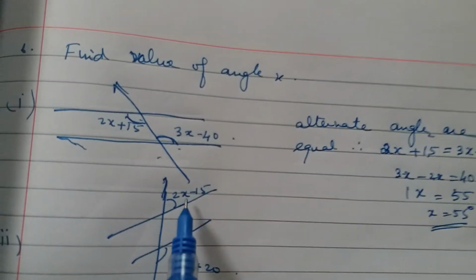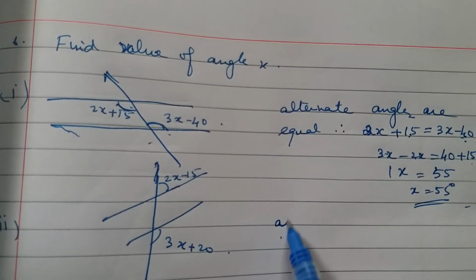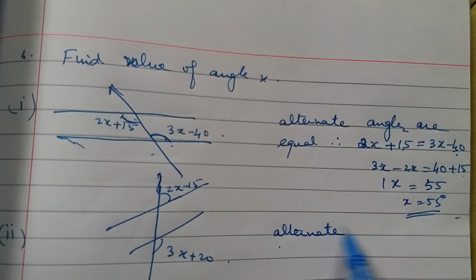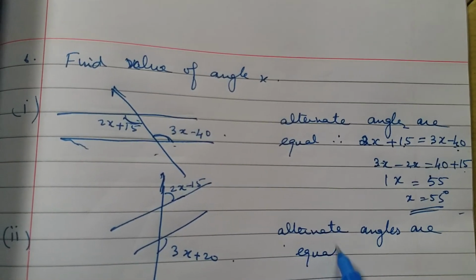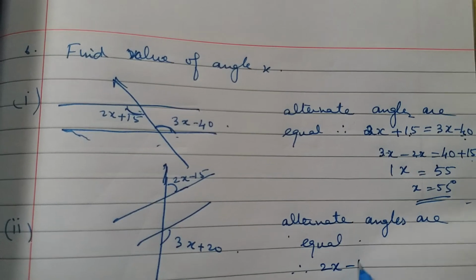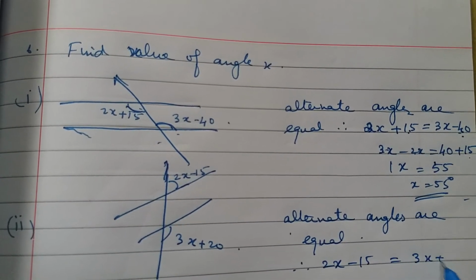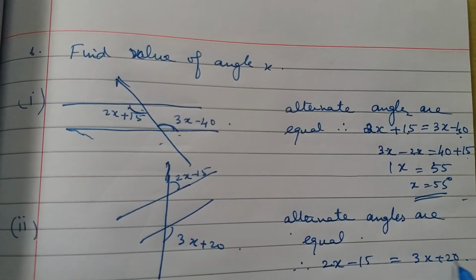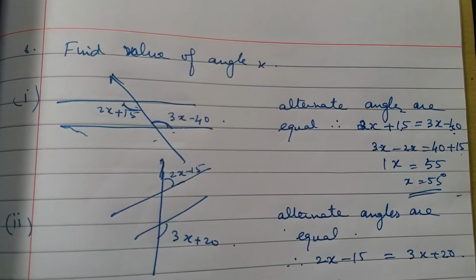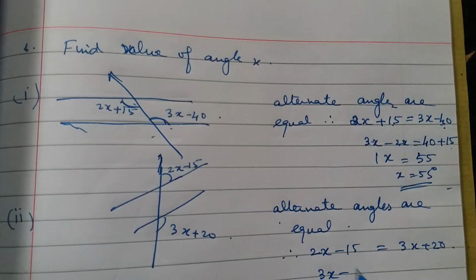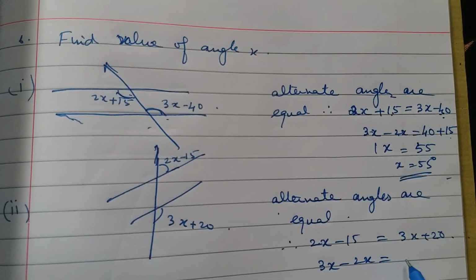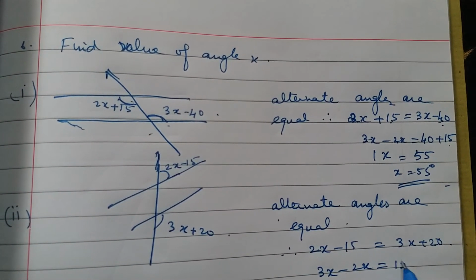Okay, next, here alternate angles. Alternate angles are equal. Therefore 2x minus 15 is equal to 3x plus 20. Bring this 2x this side, bring this 20 this side. So you will have 3x minus 2x is equal to 15 plus 20.